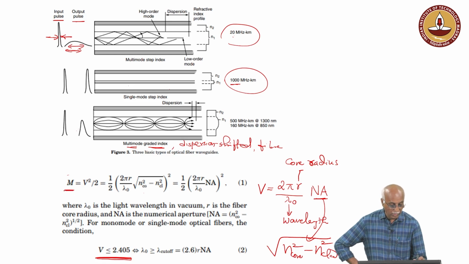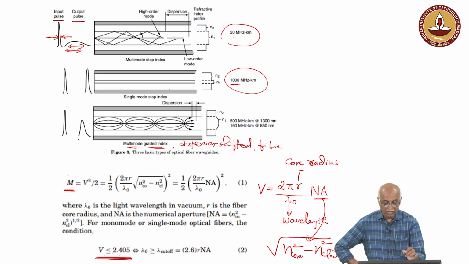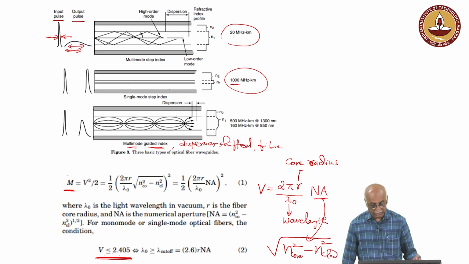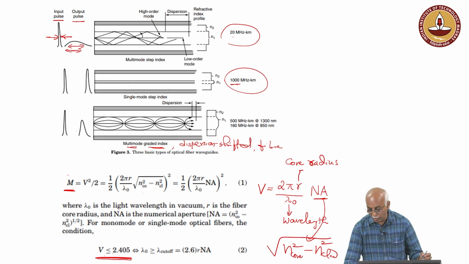So a fiber with V less than 2.405 is known as a single mode fiber. When the value of V is greater than 2.405, the optical fiber is treated as a multi-mode fiber. If you go through any textbooks related to optical fibers, you will be able to know better.